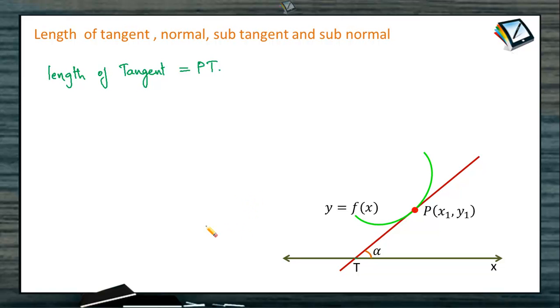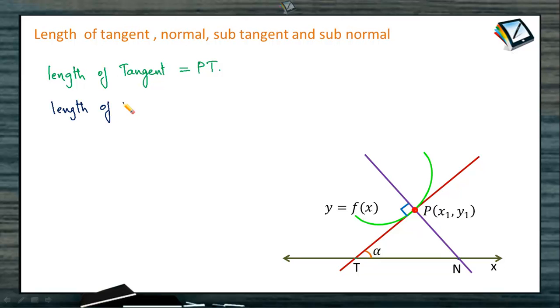Now similarly, let's look at what we mean by length of normal. At the point P, when you draw a normal, that means through the same point P a line perpendicular to the tangent, this normal would also be cutting the x-axis at a point, say N. Then as P changes, even the tangent changes. When the tangent changes, the corresponding perpendicular line, the normal, changes. When the normal changes, even the coordinates of N change, isn't it? Now this segment PN is called the length of normal.